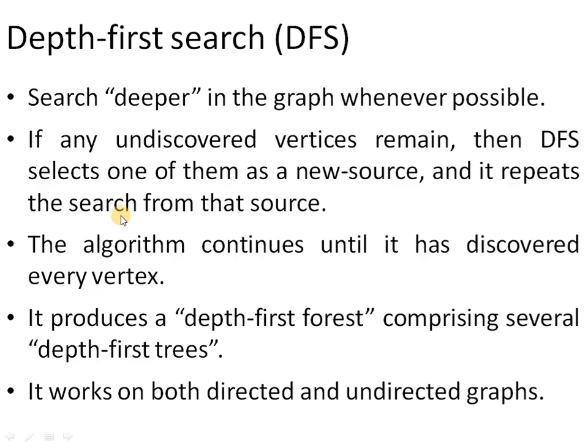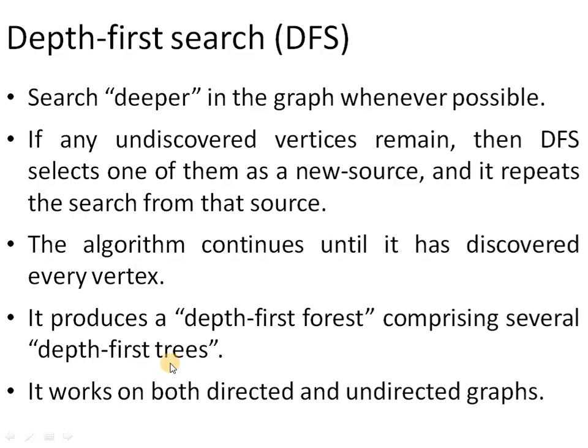And in DFS, we have to keep on continuing till we discover all the vertices which are present in the graph. That means if in between we have reached a situation such that we cannot move ahead, but still there are some vertices which are yet to be explored, then we can pick a new source from the remaining undiscovered vertices and repeat the process of DFS again.